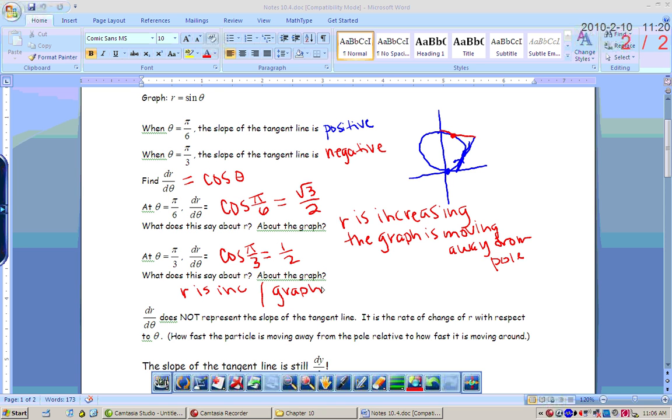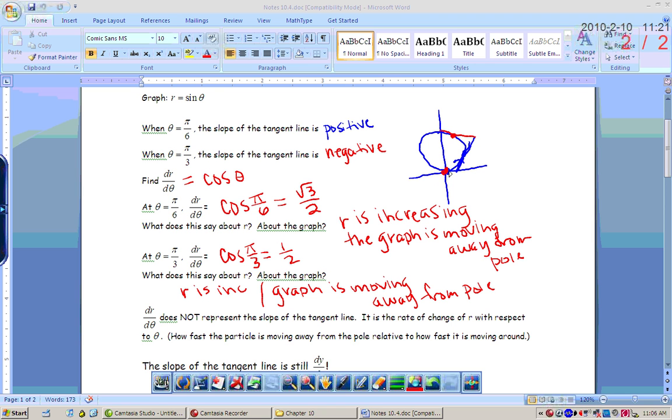And the graph, therefore, is still moving away from the pole. Good. If r is increasing, then the graph is moving away from the pole. If r is decreasing, then the graph would be moving towards the pole.